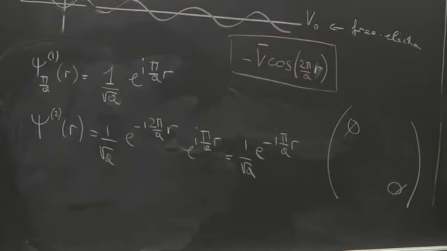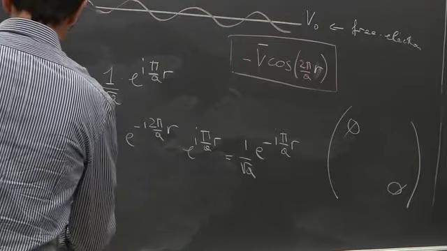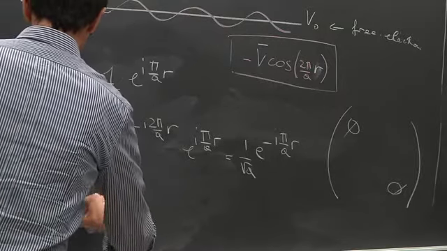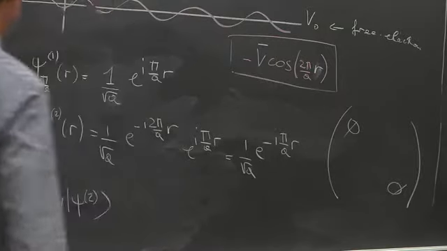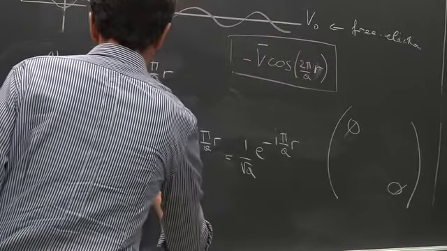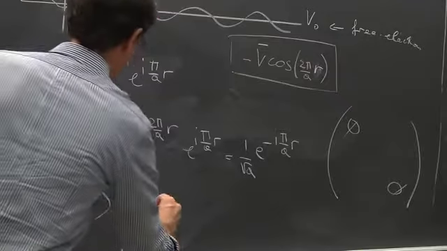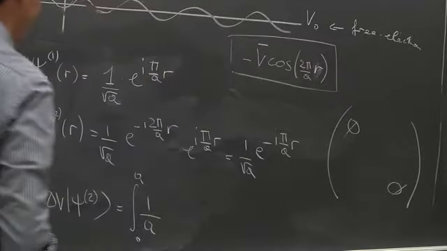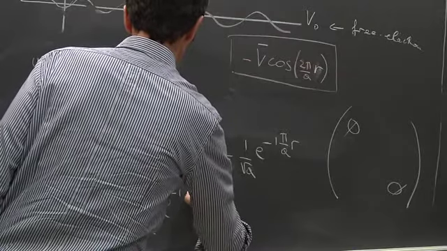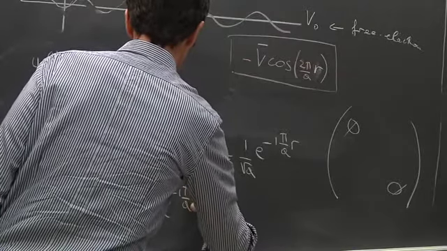The interesting part is the cross terms. So let me do psi 1 delta v psi 2. Integral from 0 to a, 1 over a, psi 1, e to the minus i pi over a r.